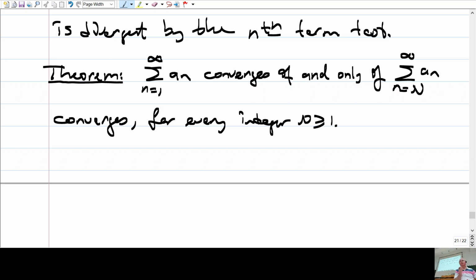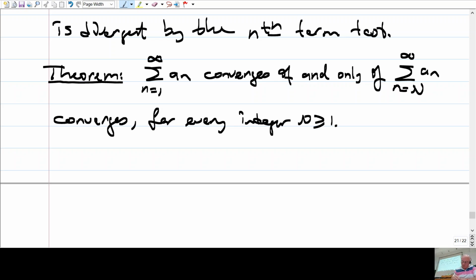And that doesn't make a difference. The important thing is the infinite part of this series. So no matter what the first, let's say 500, terms are, the series will be convergent. Its convergence will be determined by the rest of the series.